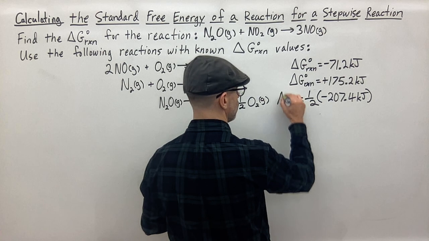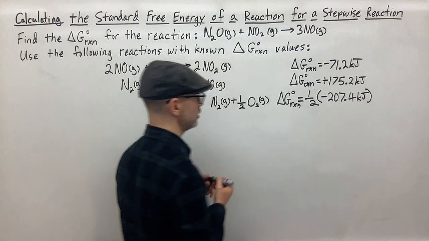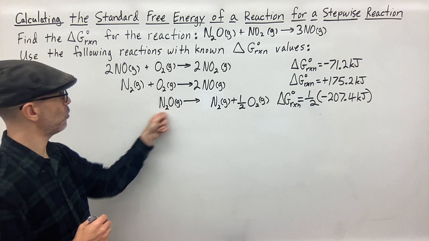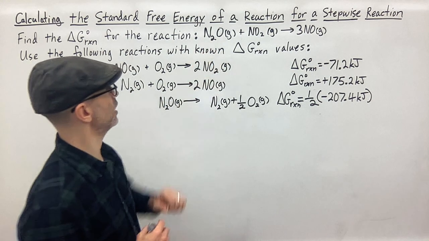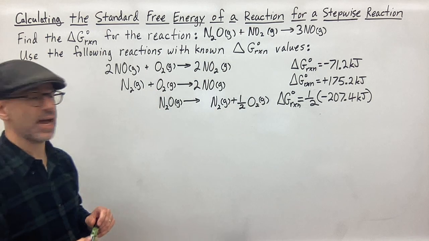And that's going to be the new delta G, the standard free energy of the reaction. Okay, so I've got my 1 N2O here, and my 1 N2O here. Great.